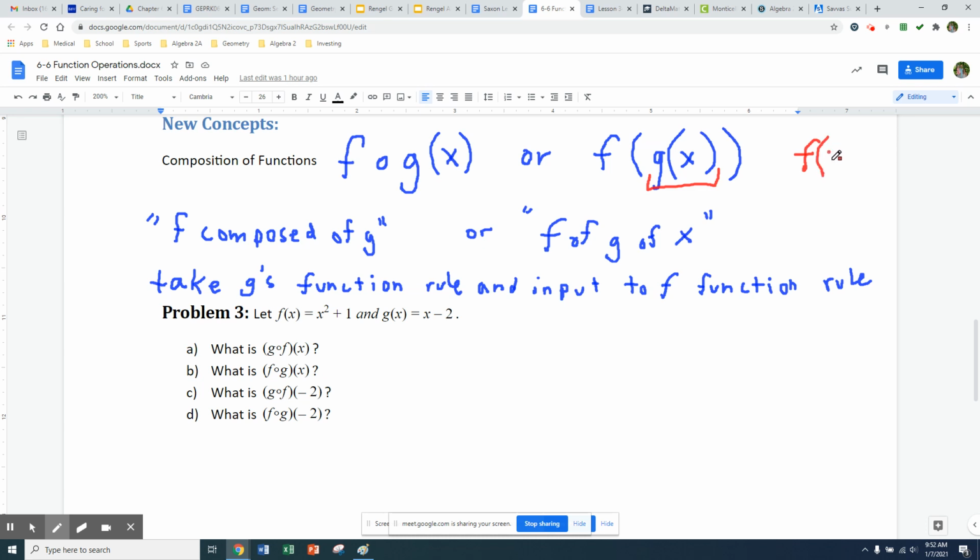All right. So problem C, what is G composed F of negative 2? Again, I like to rewrite it. So G of F of negative 2.